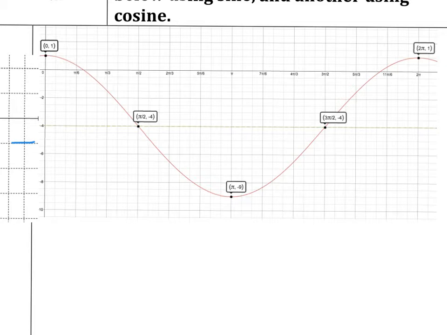All right, here I'm asked to find an example of an equation using sine, and an example of an equation using cosine. Since we're starting at the top and cosine starts at the top, I'm going to do that first. Okay, first thing, the amplitude: I'm going from -4 up to 1.